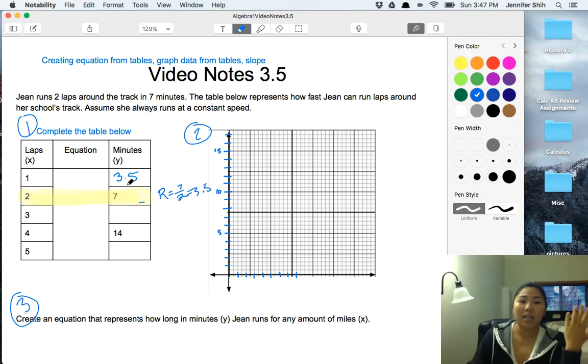So if we multiply 3.5 times 2, we'll get 7. If we multiply 3.5 times 4, we should get 14.